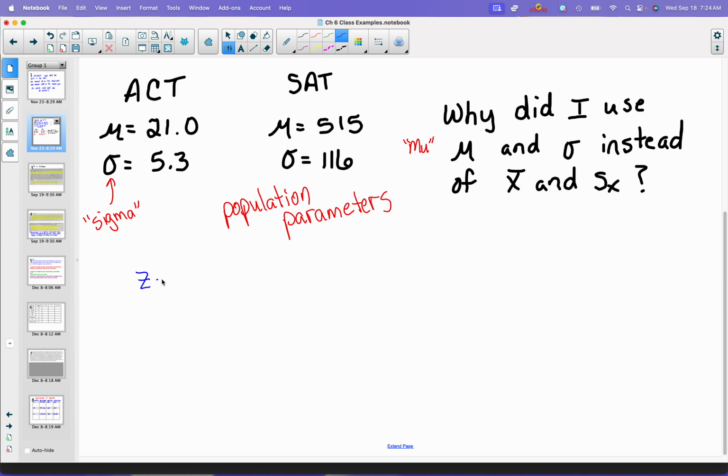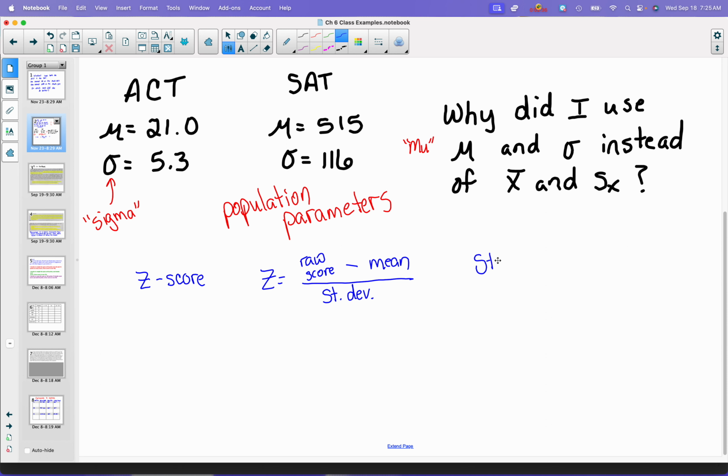And so we're going to do something called a z-score. When you calculate a z-score, the way you do that is we're going to take the raw score and we're going to subtract the mean, the population mean, since we know it, and we're going to divide by the standard deviation.